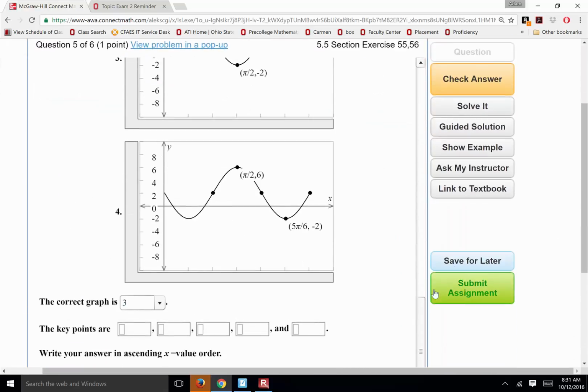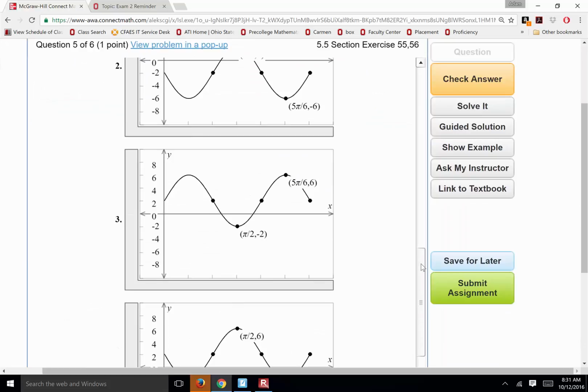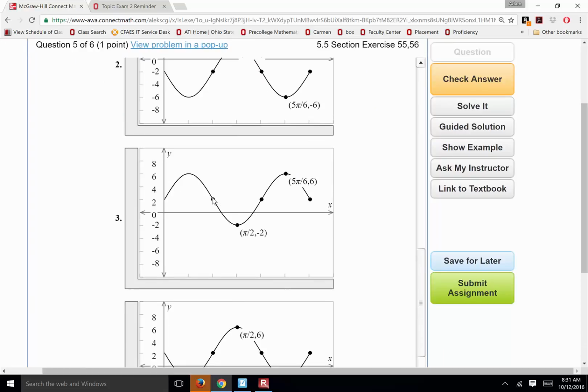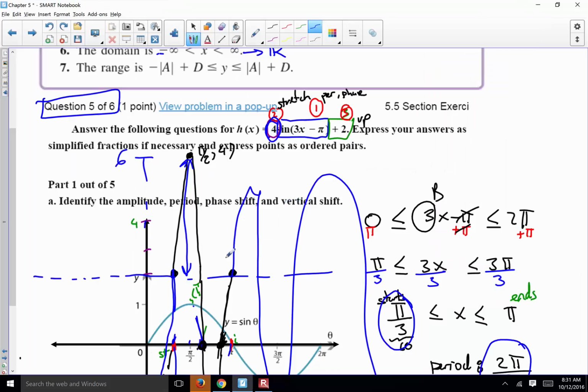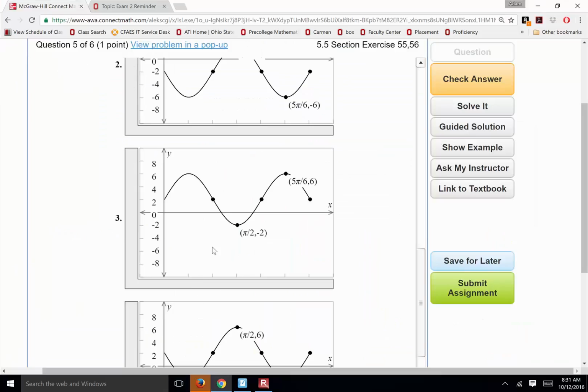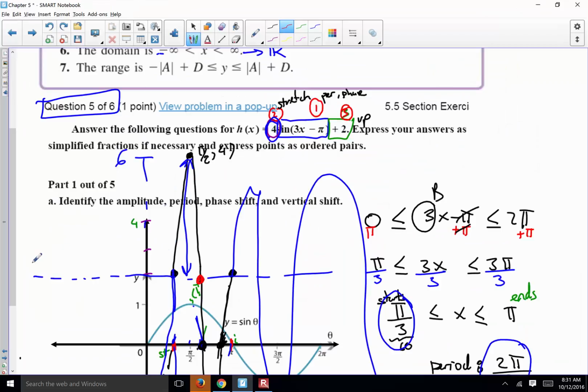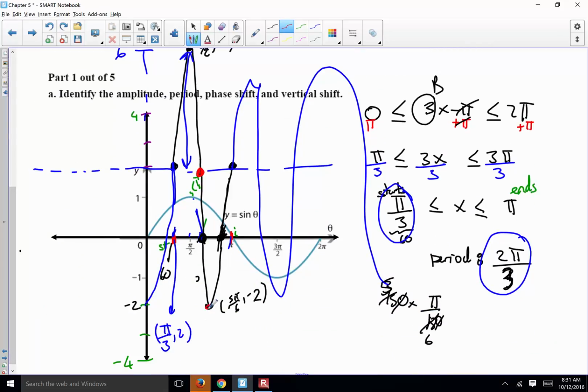Alright, the key values. You're gonna just read these values, okay? They're asking for this and this minimum, this again, 1 2 3 4 5.